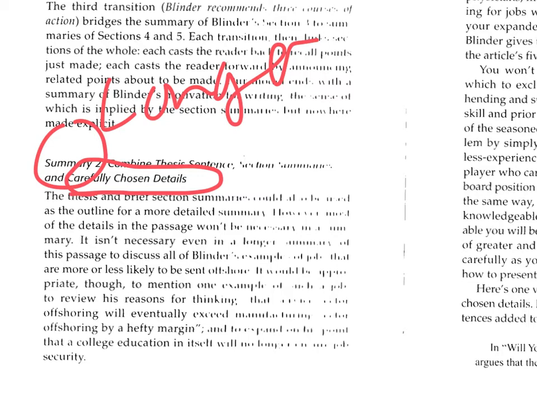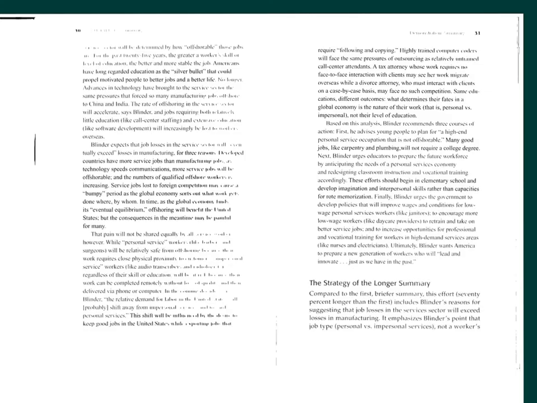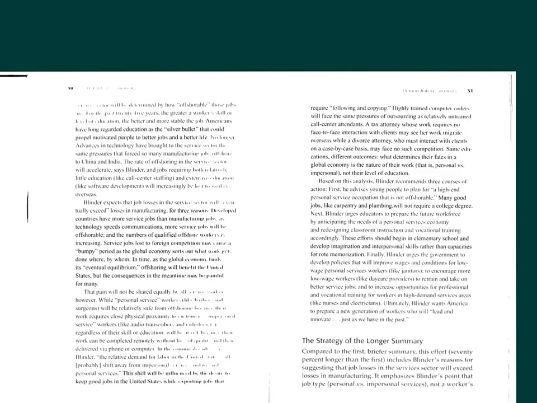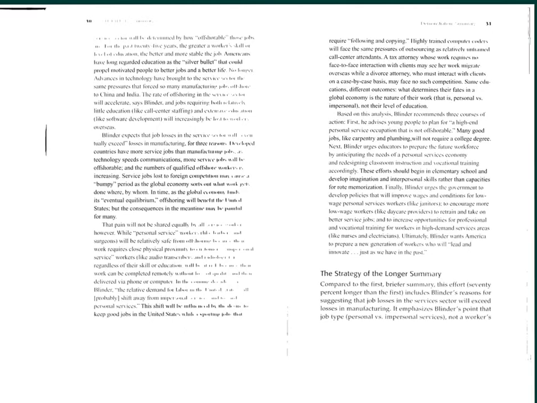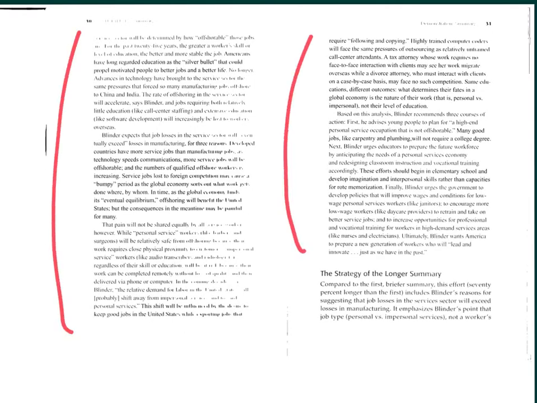So your first draft will be the short one, the second draft will be the longer one. So they gave you the shorter summary, now they're giving you the longer summary. And this says here that it's 70% longer than the original. And then they say, and this is the reason why we do a longer summary.